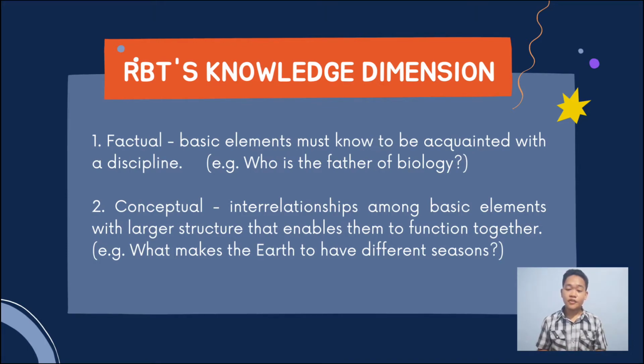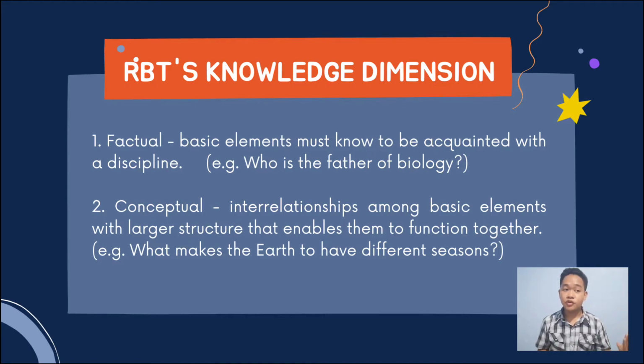So the other type of knowledge is conceptual, wherein it is the interrelationship among basic elements within a larger structure that enables them to function together. And here it tells about the concepts, the generalizations, the principles, and the theories that are needed in a discipline.